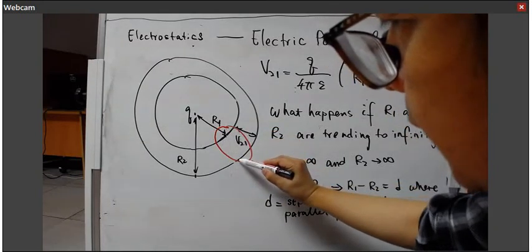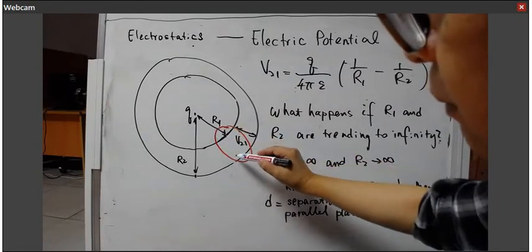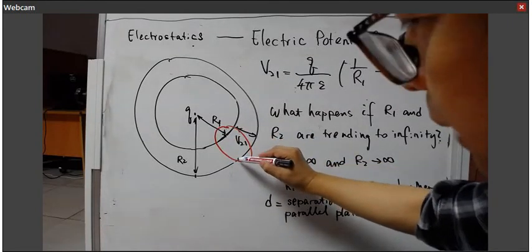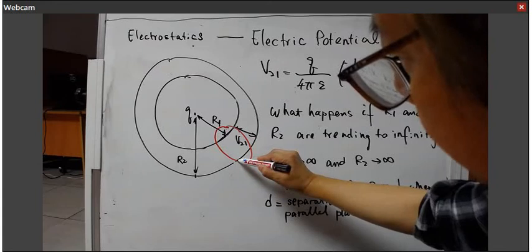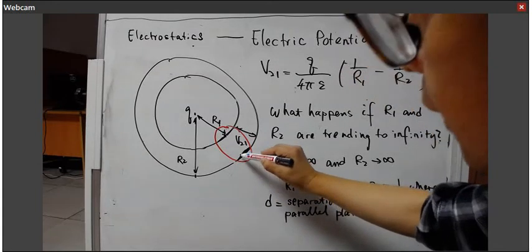And if the outer sphere has the same situation, R1 becomes infinity, then we may assume the curvature at the outer sphere also disappears.